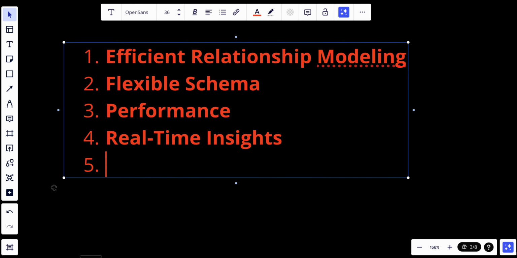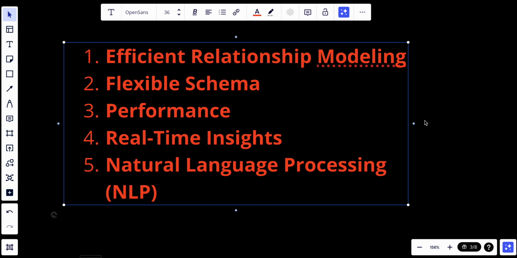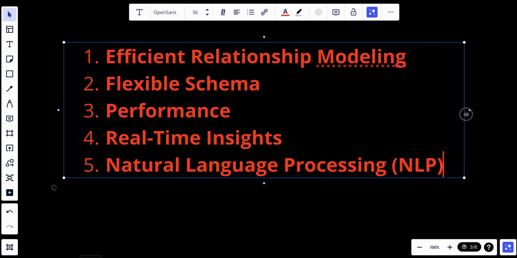Also, it's great when it comes to natural language processing. Graph databases are often used in natural language processing tasks, such as semantic analytics, chatbots, and question answering systems, where understanding the relationships between words and concepts is critical.